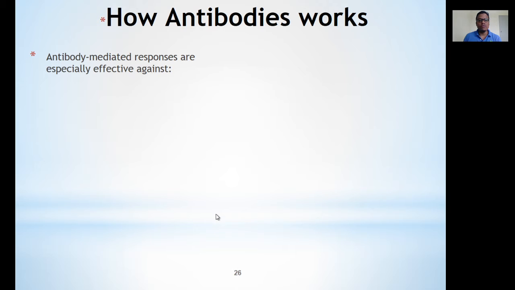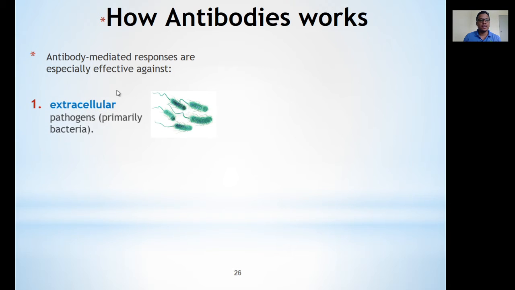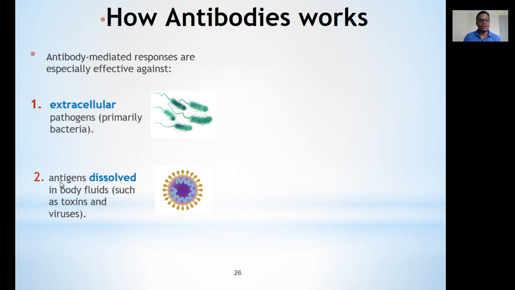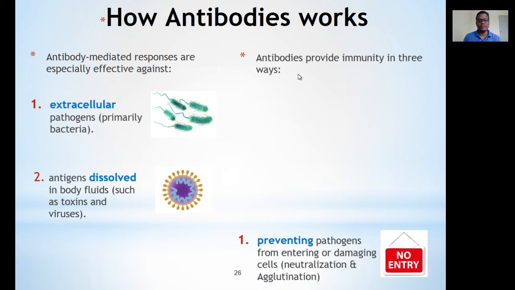So how do antibodies work? Antibody mediated responses are especially effective against, first, extracellular pathogens, and second, antigens that dissolve in body fluids such as toxins and also viruses. Antibodies provide immunity in three ways. So how do they contribute to the immune system?